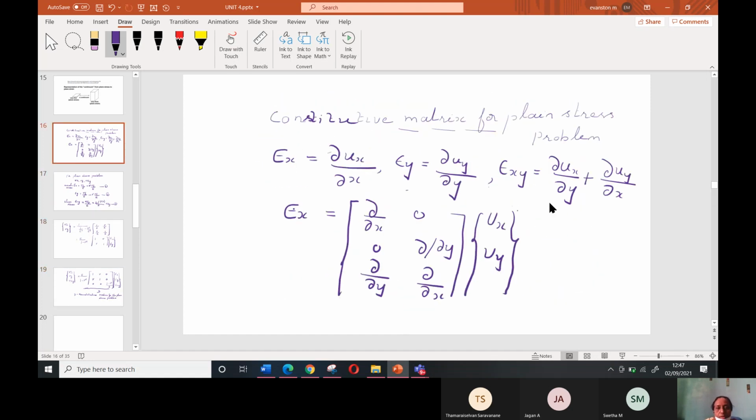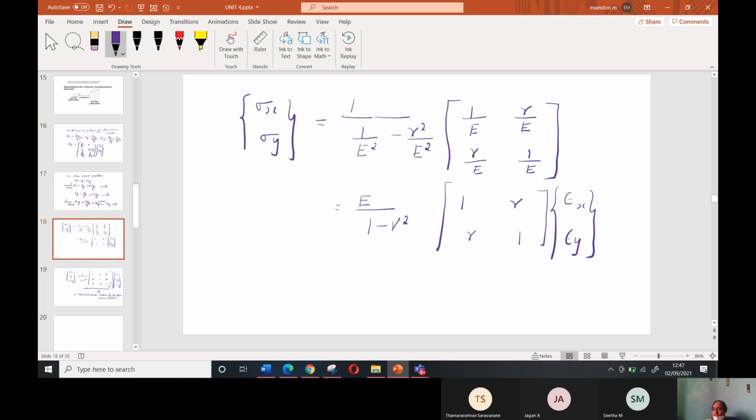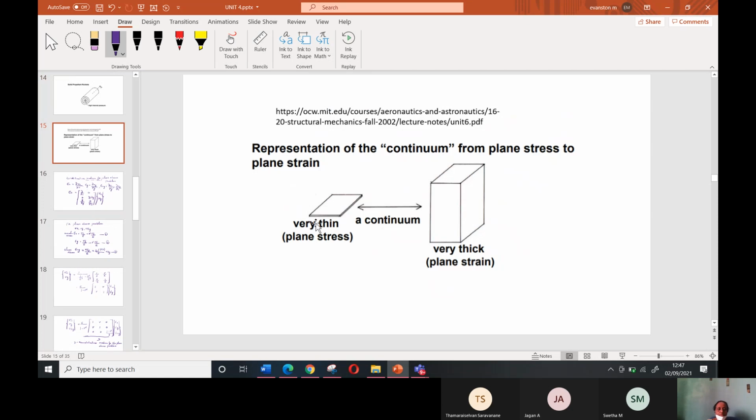This is for the plane stress problem, and we'll see in the next class what the difference is between the plane stress problem and the plane strain problem. Already we have seen that when the continuum is very thin, it is enough to analyze it as a plane stress problem. If the continuum is very thick, then you have to go for a plane strain problem.